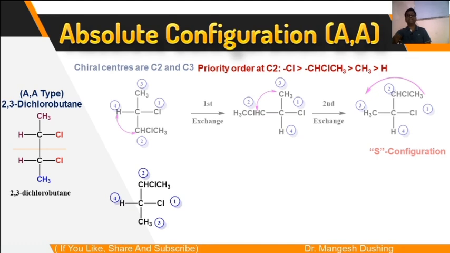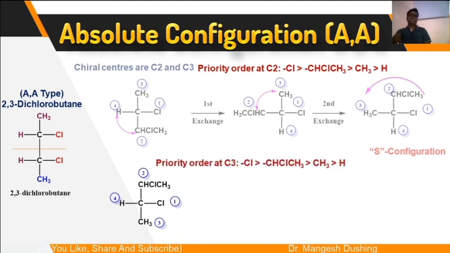Here also you have to do the 2 exchanges. Before that, you have to write this priority order at C3: Cl more than CHCl3 more than CH3 more than H. Then you have to do the 2 exchanges. The first exchange is to make the fourth priority group at the bottom.